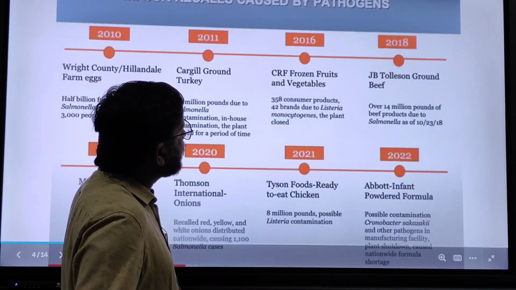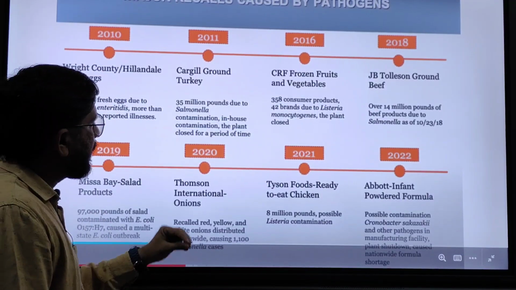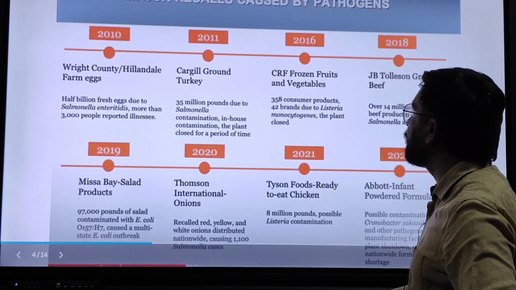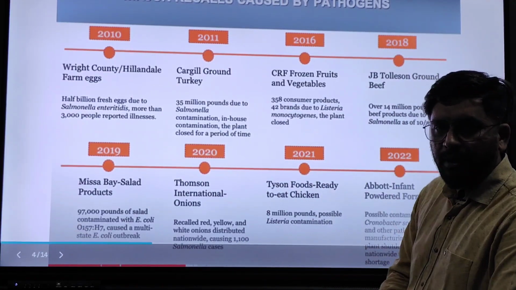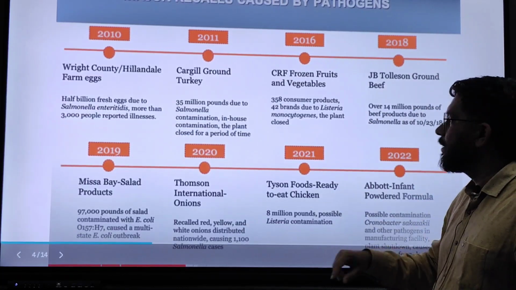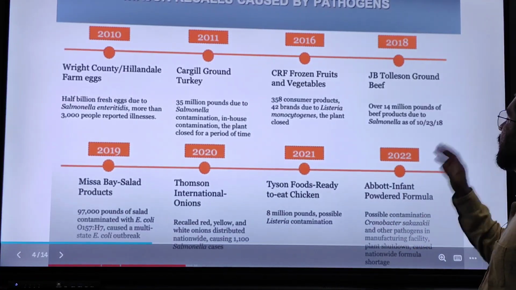Similarly, in 2016, frozen fruits and vegetables were contaminated. Nearly 358 consumer products were contaminated with Listeria monocytogenes, which resulted in closure of that particular food manufacturing unit.